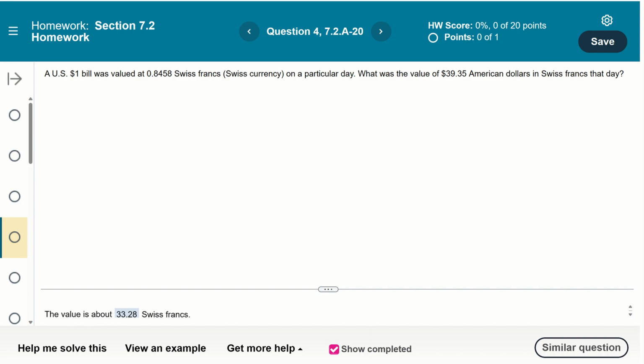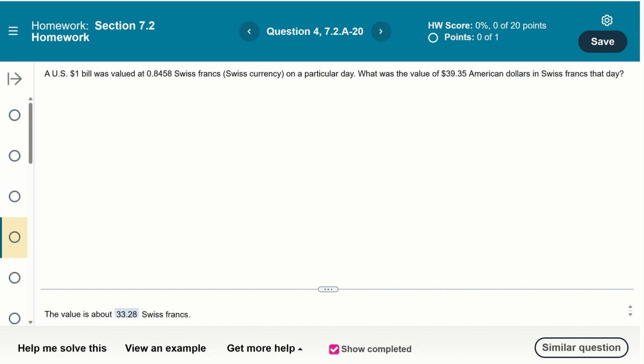All right, so here we have a simple problem that can be handled using a proportion. A US $1 bill was valued at 0.8458 Swiss francs on a particular day. What was the value of $39.35 in Swiss francs on that day?